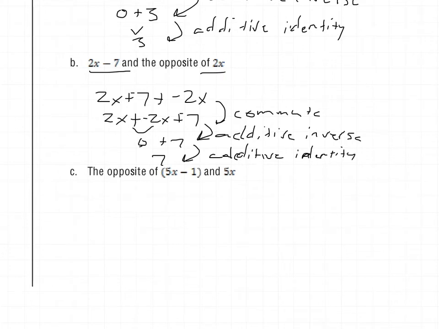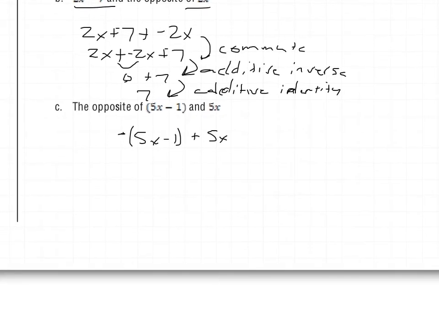The opposite of 5x minus 1 and 5x, so 5x minus 1, the opposite of that, so that's calling for the opposite of the group, plus 5x. And when we remember how we do this, the opposite of a group is the opposite of all the values inside.